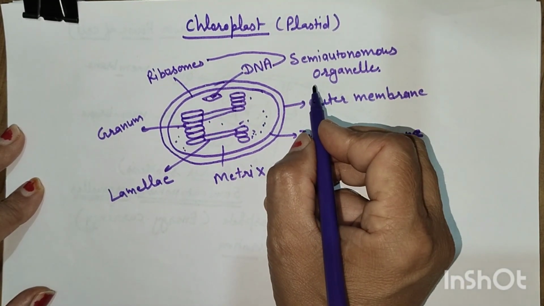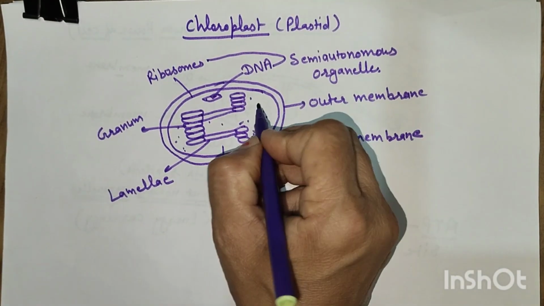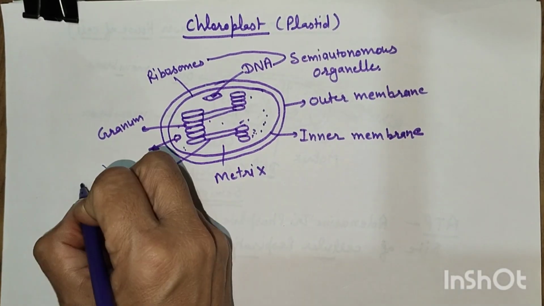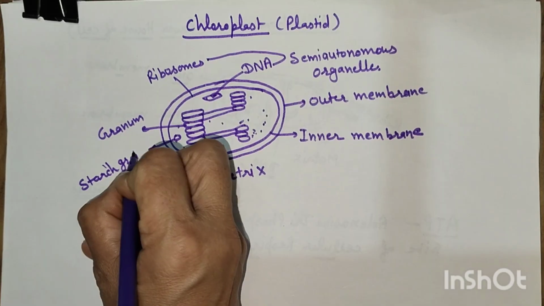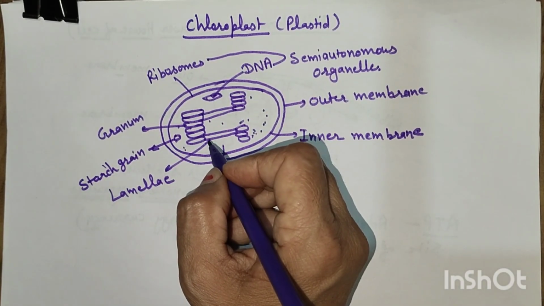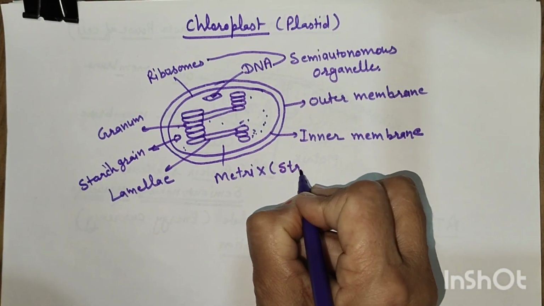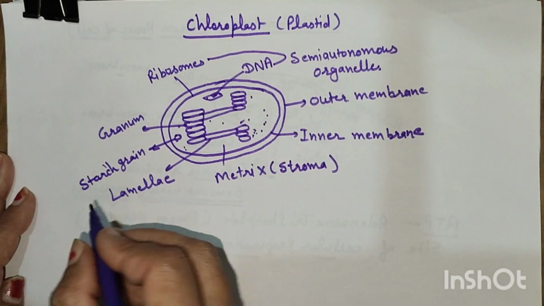Here are certain grains. These are called starch grains, and it is filled with the matrix that is called stroma.